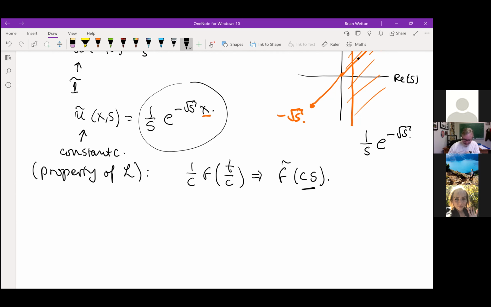So I've got to do a little bit of work. I want to write this thing as, remember, I'm talking about the transform as just a function of x or s for every x. So in this game, x is a constant.